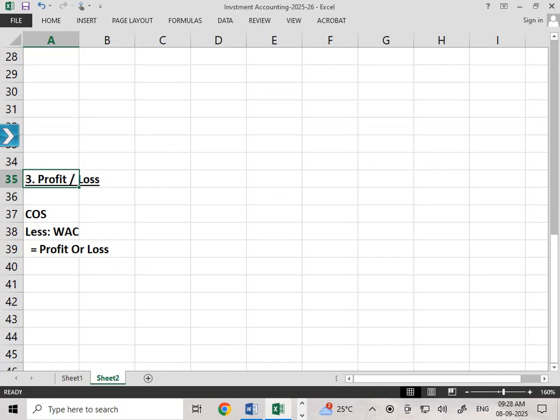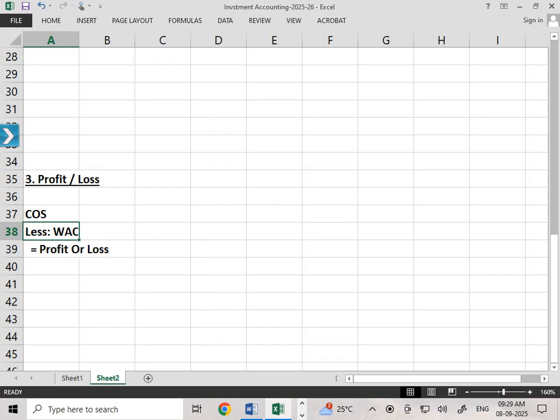At the time of selling that investment, you have to find out profit or loss, because on sale either we earn a profit or we incur a loss. So we calculate the sale proceeds, whether it is ex-interest or cum-interest.